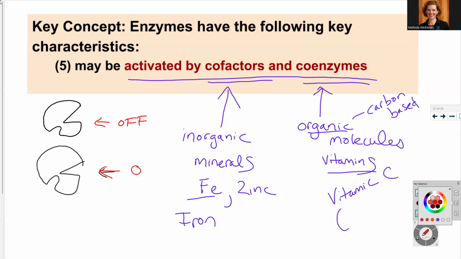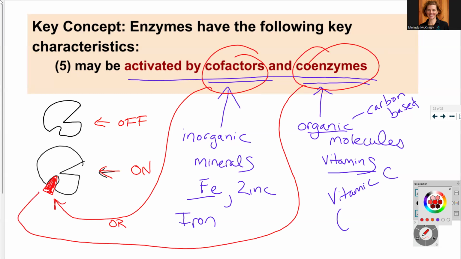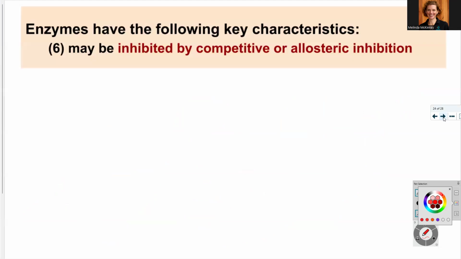So the enzyme is going to be turned on because it's been activated by either a cofactor, which is going to bind here, or a coenzyme. So this is an easy mechanism to turn on or off an enzyme without making a new enzyme every time it needs it, or breaking it down every time it doesn't. It can just have it ready to go and turn it on or off. So again, coenzyme, organic, vitamin; cofactor, mineral. So we're almost done.